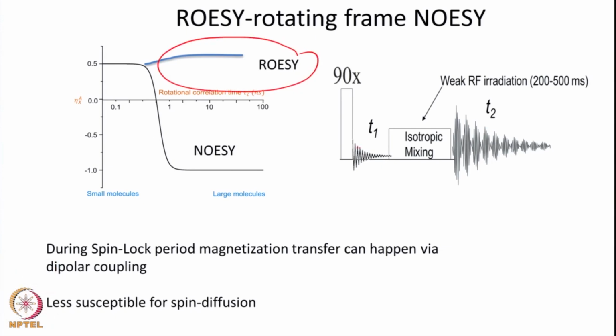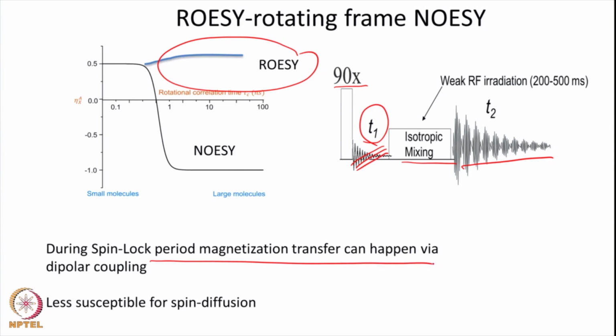For the pulse sequence for 2D, one can have a 90-degree pulse, then t1 evolution. Again, I said that just after a few lectures we will get into 2D, but at the moment if you delete this you have a 90-degree pulse, then isotropic mixing, which is generally achieved by applying a weak RF pulse, and then we detect. So, this is the ROESY experiment, and during this spin lock period magnetization transfer happens via dipolar coupling.